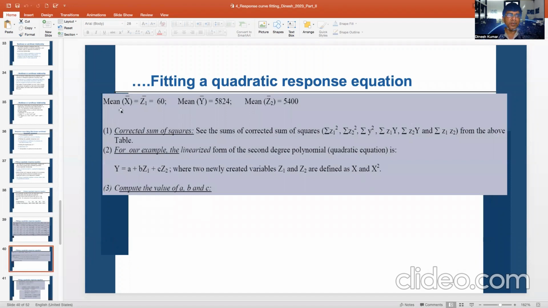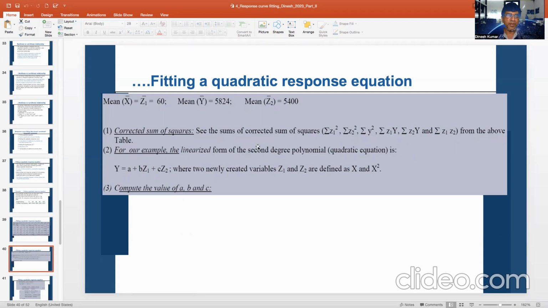Now you see here, mean of x is 60, mean of y is 5824, and mean of z2, that is x square, is 5400. So these three values were computed. Similarly, now you need to compute the corrected sum of squares, and you have seen in the last table, these values were computed: summation small z1 square, summation z2 square, summation y square, and so on.